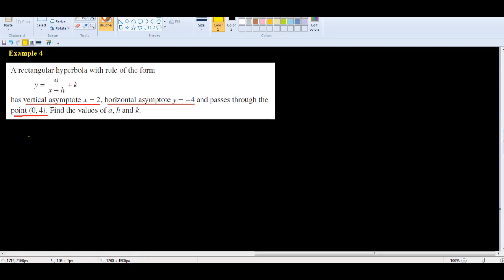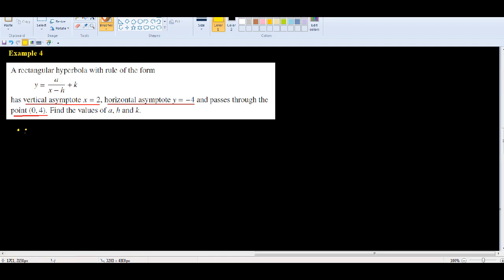This time we need to do things in a reverse manner. In the previous examples, we didn't know where the horizontal asymptote was. But now you know the horizontal asymptote is y equals minus 4.